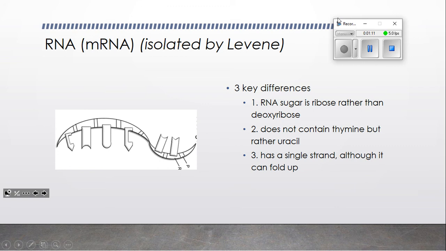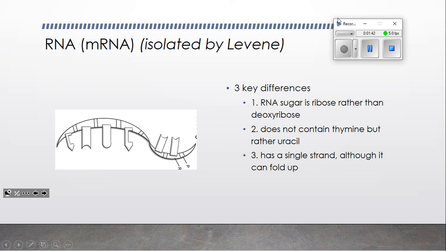RNA is built basically the same way DNA is. It's got a lot of the same basic parts in its structure, but with three key differences. So other than these differences, everything else about RNA is just like DNA. The first difference is that the sugar in RNA is ribose rather than deoxyribose.